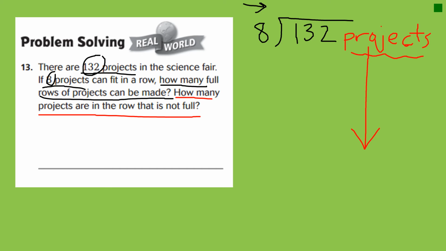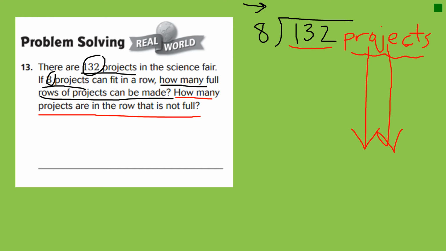So whatever I'm left with at the end, they're still talking about projects. So whatever remainder we might have, that remainder is projects, because this is 132 projects. My remainder is not going to change into rows or some other crazy thing, right? All right, so let's get started here.